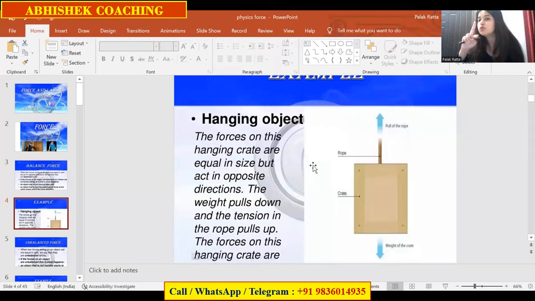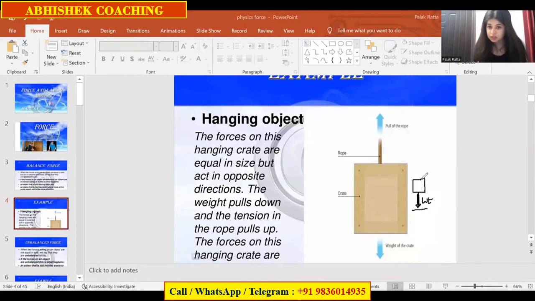Actually, there are two forces. If that is the object, there is a gravitational force due to the weight of the box, which acts to pull it down.